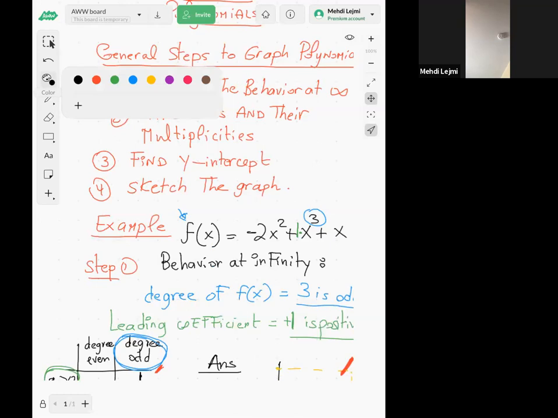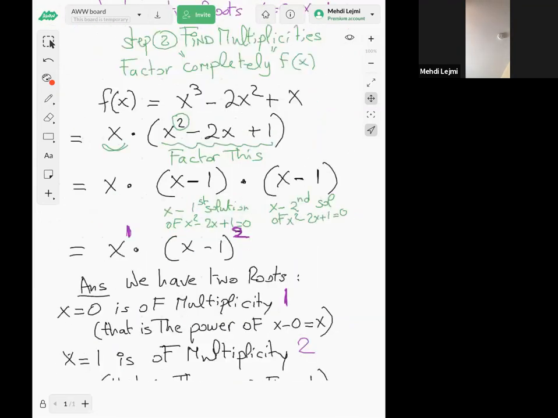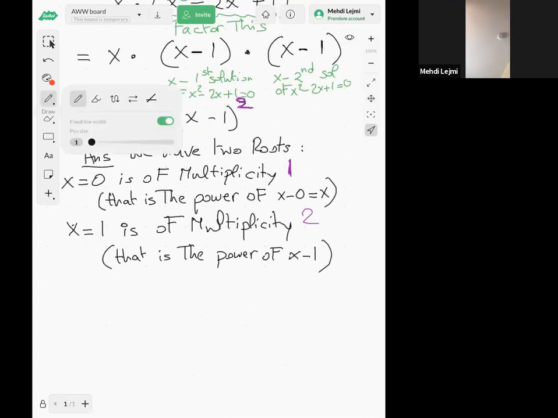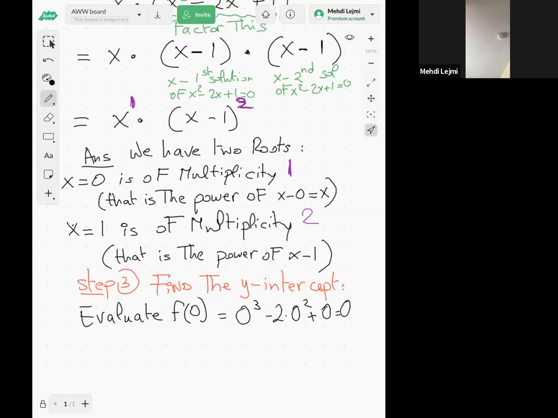Well, step 3, we have to find the y-intercept, and then we can sketch the graph of f of x. So let's find the y-intercept. To find it, you have to evaluate f of 0. So that will be 0 cubed minus 2 times 0 squared plus 0. So everything is 0, so it's going to be just 0.